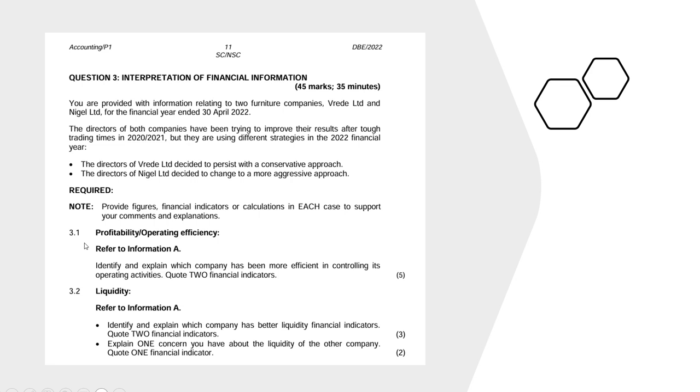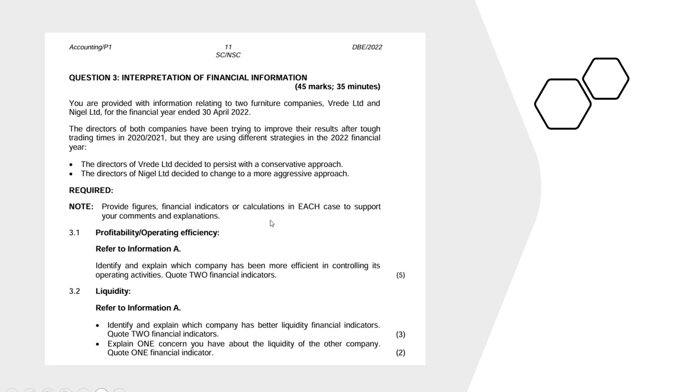Let's look at 3.1. 3.1 had profitability and operating efficiencies. So the candidates need to understand, in the selection of financial indicators provided, which ones relate to profitability and operating efficiency of the company. Those are your P&L financial indicators.